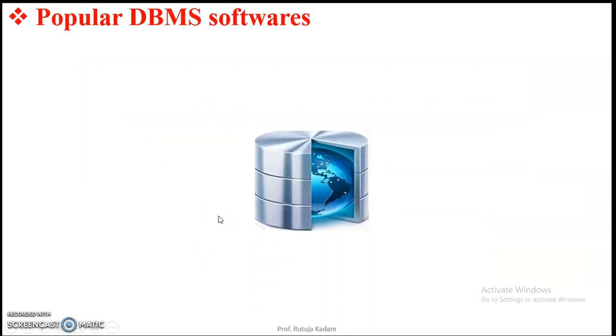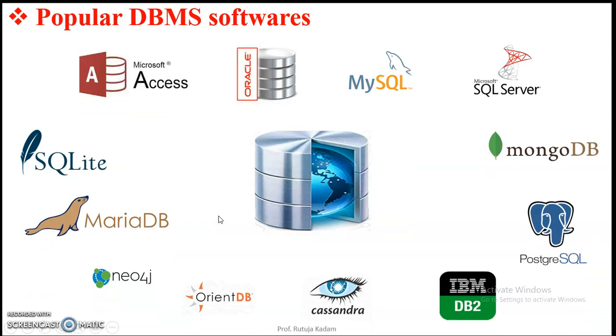So, what are the popular DBMS softwares? You might have heard about the softwares presented here, such as Microsoft Access, Oracle, MySQL, MongoDB, PostgreSQL, Cassandra, OrientDB, MariaDB, SQLite. All these are the various flavors or variants of database available in today's world.